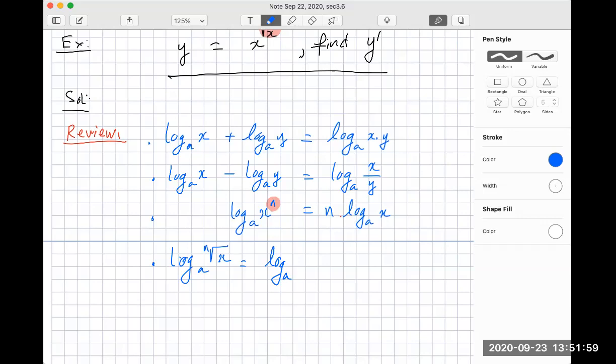The nth root of x becomes x to the 1 over n. And again, from now we can apply the formula of this here. This is the power 1 over n, we can bring it down. And what is it now? 1 over n log base a of x. Thank you.